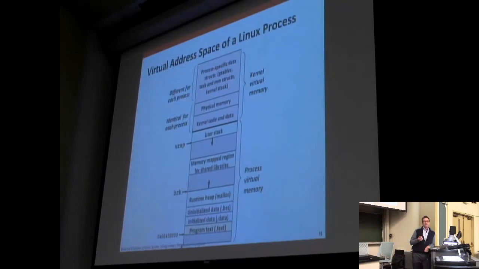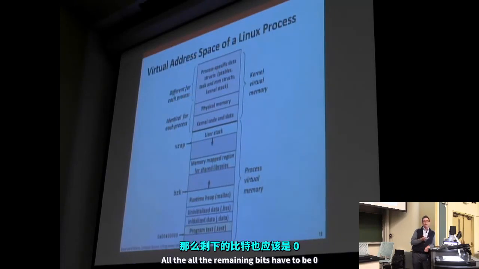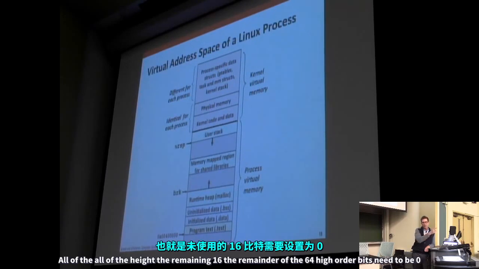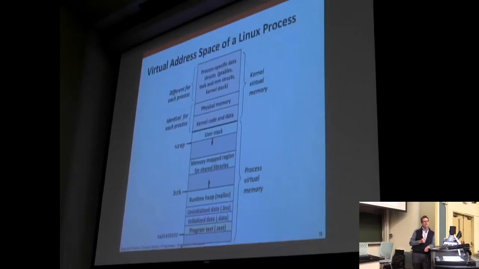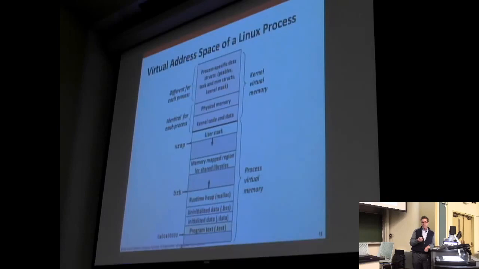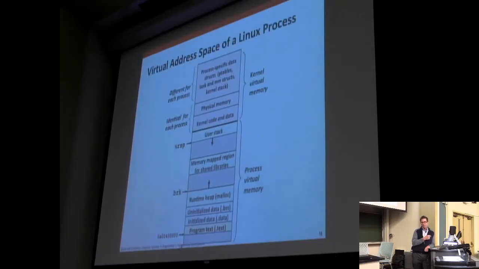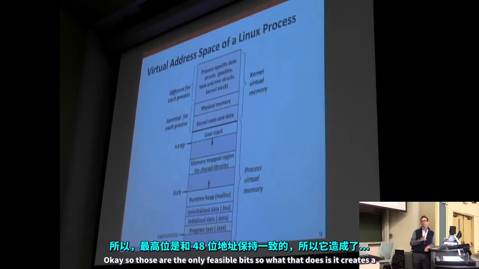If the high order bit of that 48-bit address is 0, then the remainder of the 64 high order bits need to be 0. So it's kind of like sign extension. And if that high order bit in the 48-bit address is 1, then you extend the 1 all the way up to the remaining high order bits. Okay, so those are the only feasible addresses.